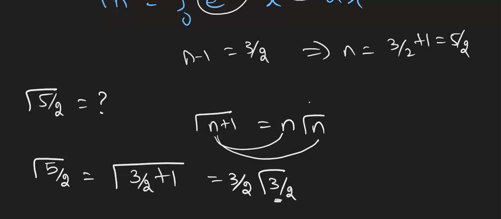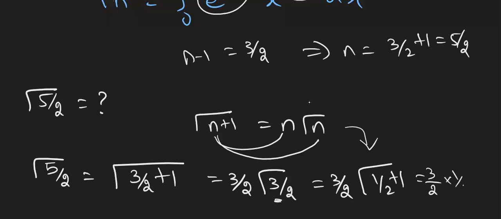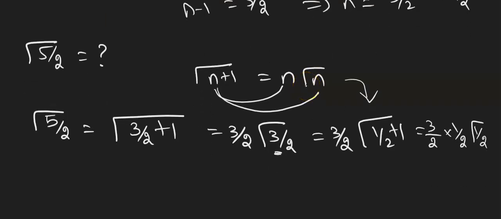Then this 3 by 2 again I will split, gamma of 1 by 2 plus 1. Again I am repeating the same formula. 3 by 2 into 1 by 2 into gamma of 1 by 2. Gamma of 1 by 2 is nothing but root pi. 3 by 2 into 1 by 2 into root pi. So your answer is 3 root pi by 4.